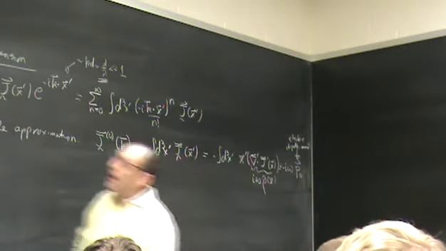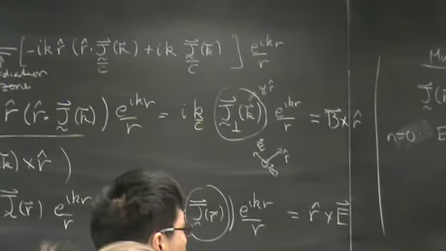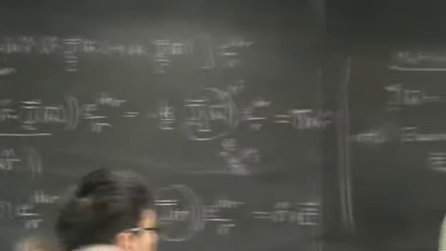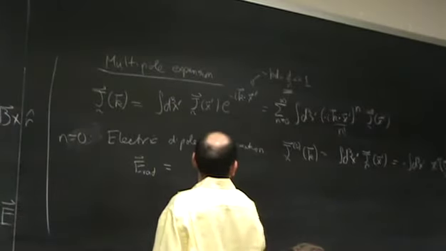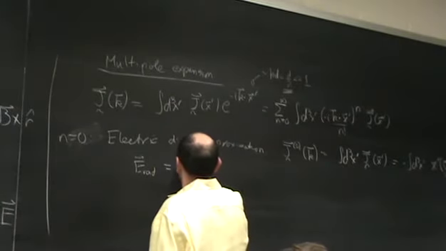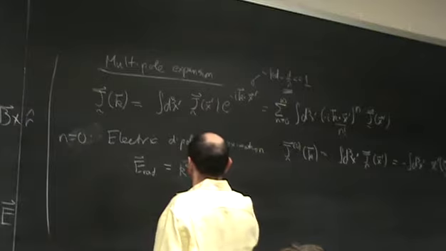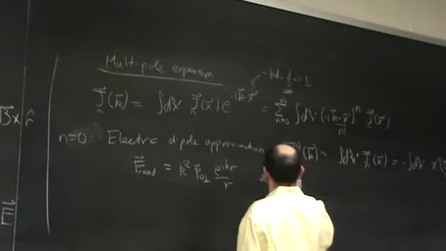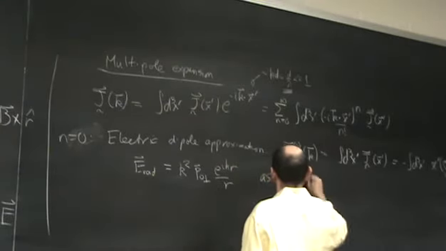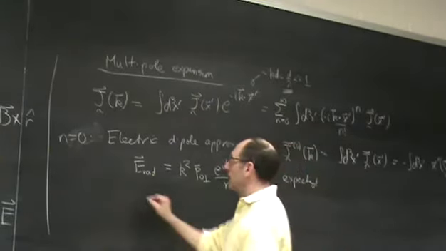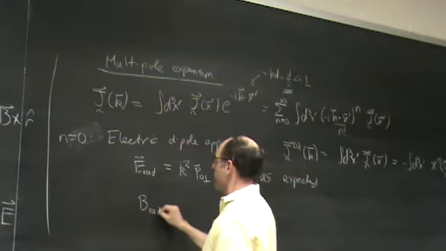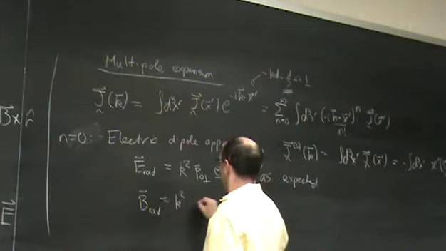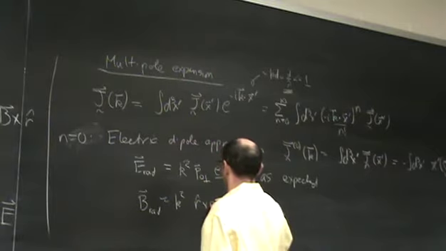And as given over here, that tells us that the radiated electric field is equal to k squared p0 e^{ikr}/r, as expected. And B rad is k squared r hat cross p0.